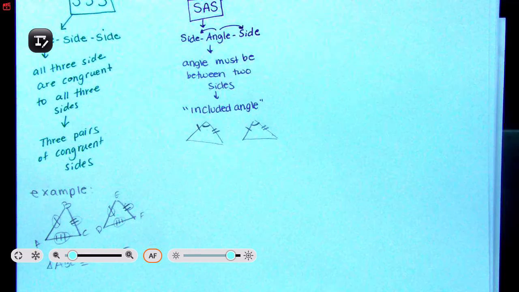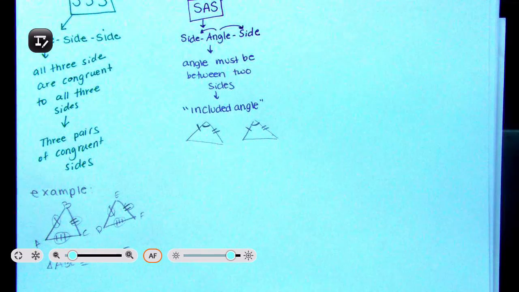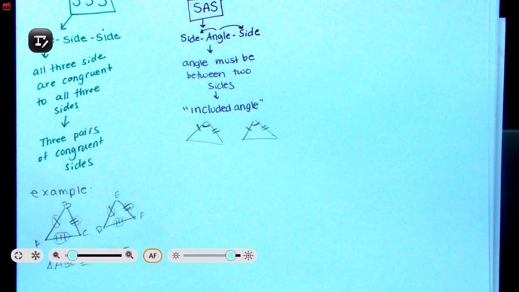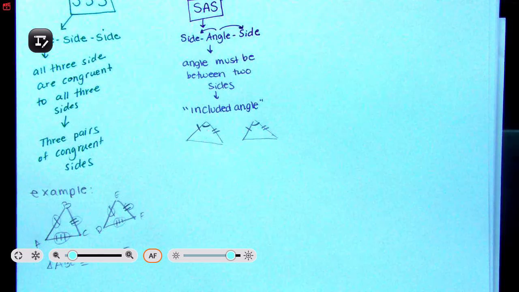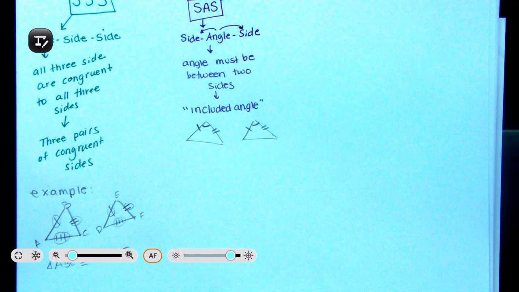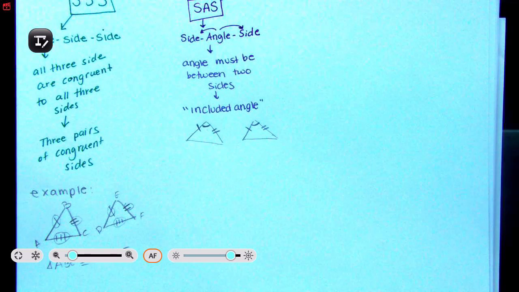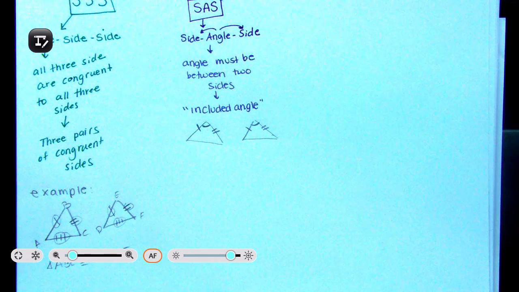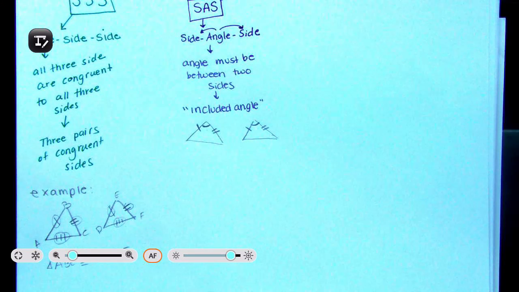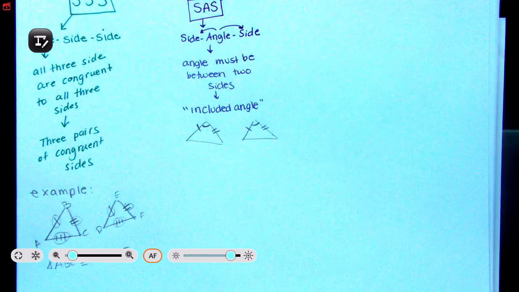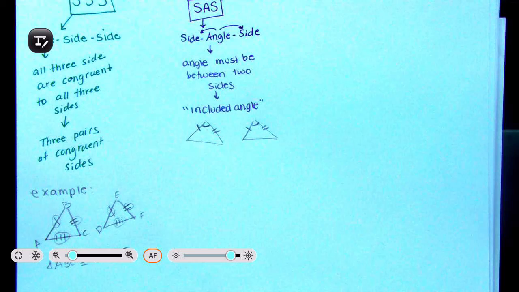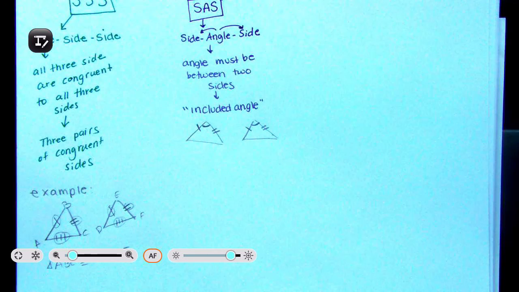I truly believe in every single one of you that with some practice, if you really, truly practice these and work on memorizing what each one means, what does SSS mean, what does SAS mean, you truly can be successful in this unit.